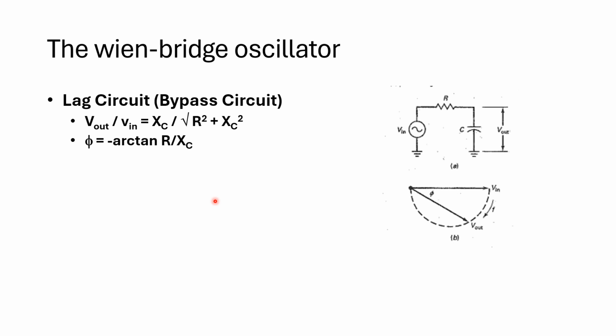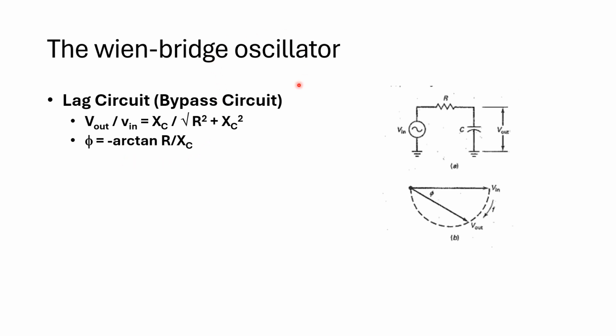Before we proceed to the Wien bridge oscillator, let us first discuss two types of circuits. First we have a lag circuit, represented by this portion. This is already familiar to you. When the capacitor is placed here, we call this a bypass circuit, wherein we have Vout equal to Vin times XC divided by the square root of R squared plus XC squared, giving us an angle of negative arctangent R over XC.